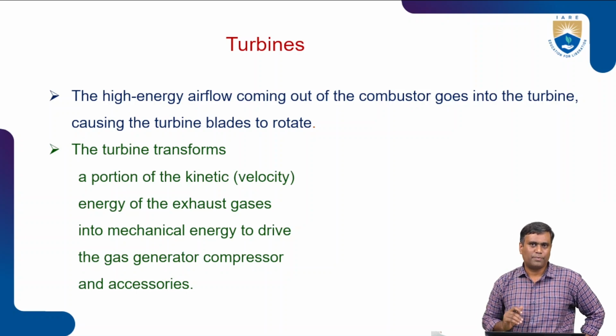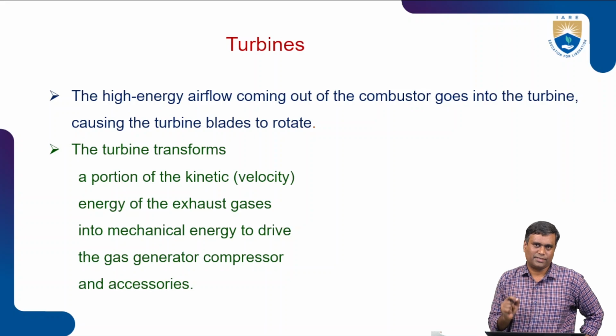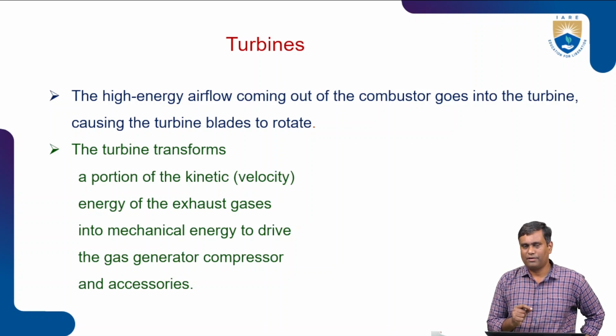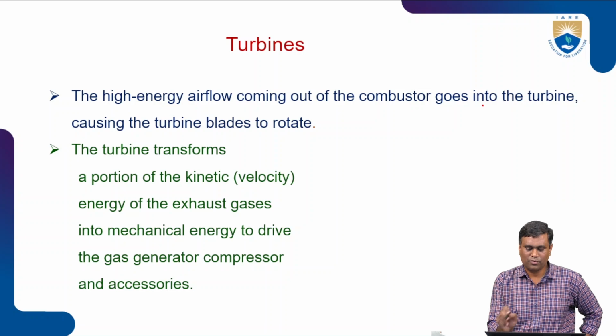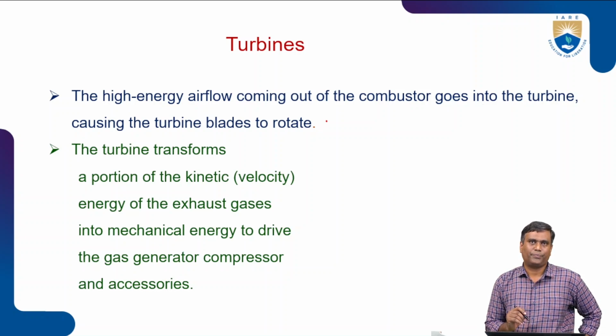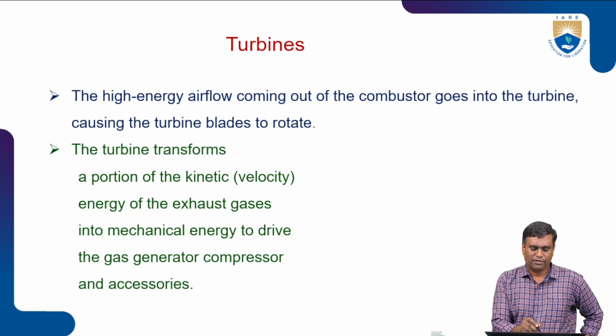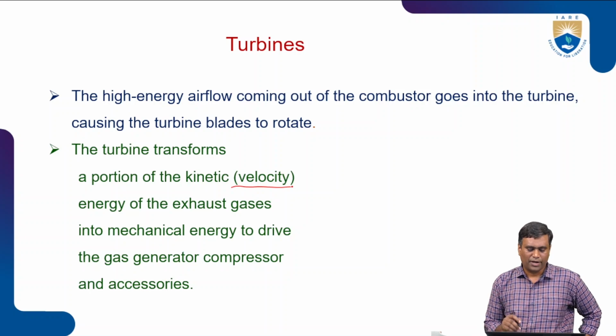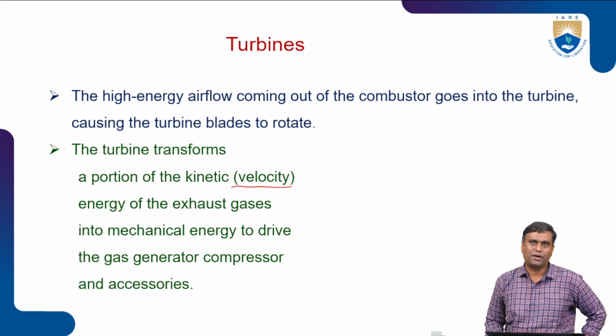That's the major purpose of the turbines. So the high energy airflow coming out of the combustor goes into the turbine, causing the turbine blades to rotate, and the turbine transforms kinetic energy of this exhaust into mechanical energy to drive the compressor, right?